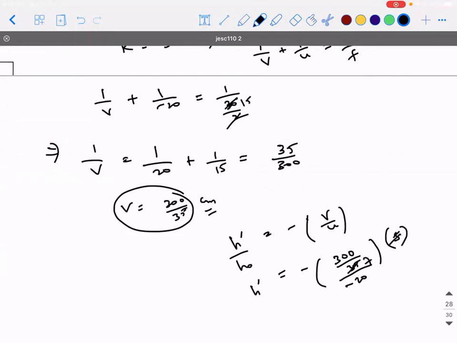So this will go 7 times. This and this will get cancelled. Minus and minus are gone. 15 divided by 7. 15 divided by 14, I'm supposed to get. But it is always diminished. Sorry, 3 divided by 14.